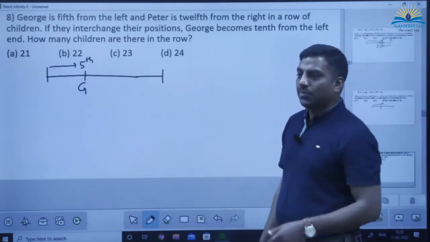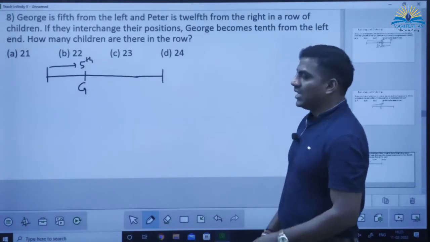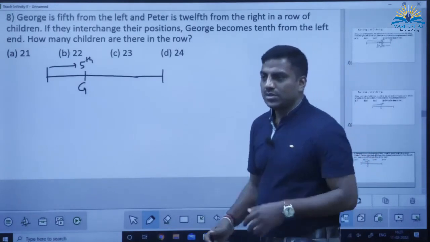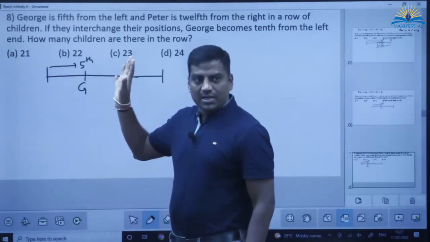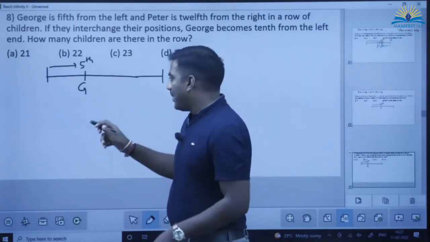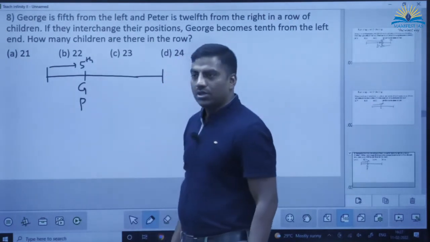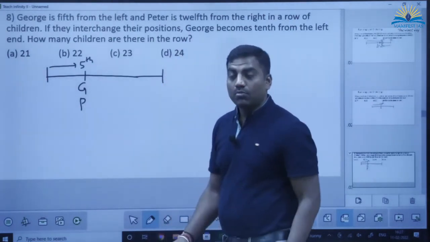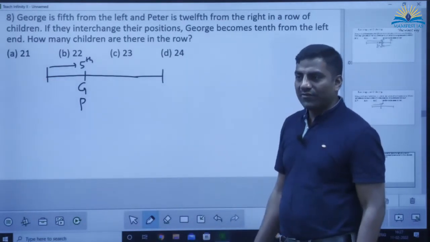If they interchange their position, George becomes 10th from the left. Imagine Peter somewhere there. Then, what will happen? When they interchange their position, Peter will come here. George will go somewhere. But where is George going? 10th from the left.